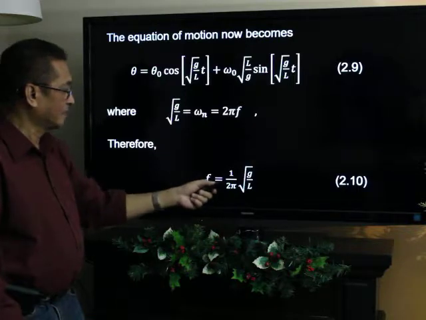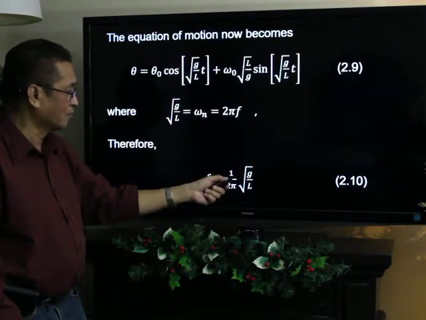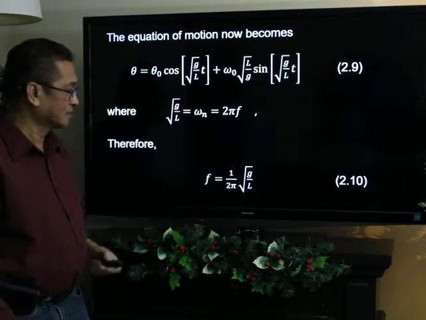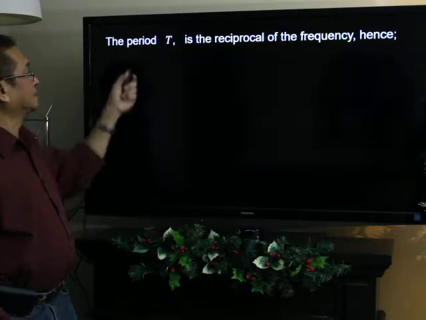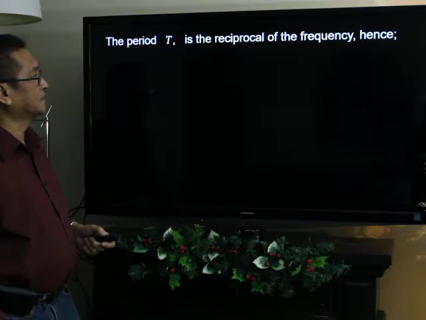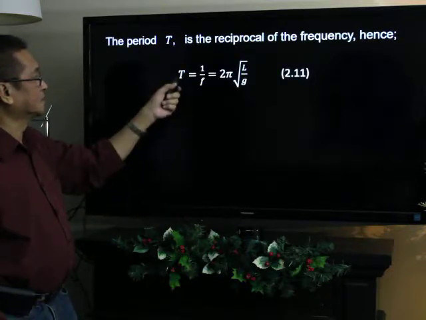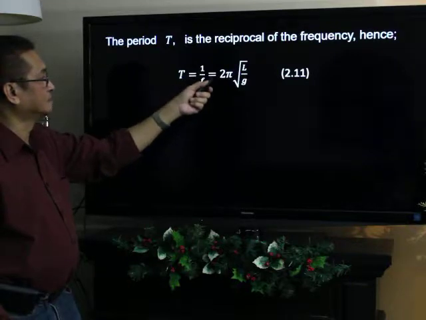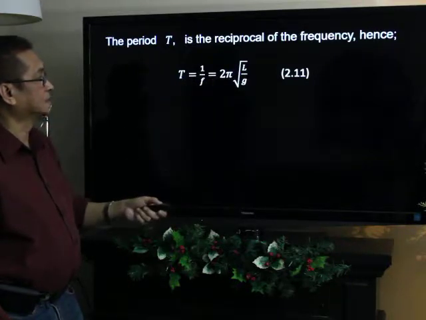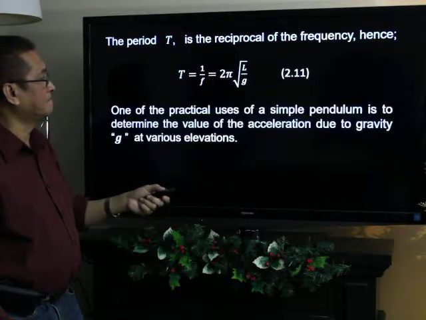And therefore, f can be expressed as 1 over 2 pi times the square root of g over L. The period T is the reciprocal of the frequency, hence it can also be expressed as capital T, the period, is equal to 2 pi times the square root of L over g.